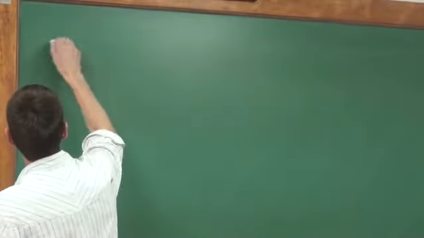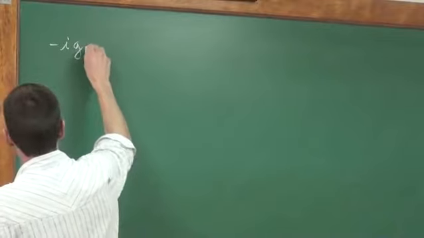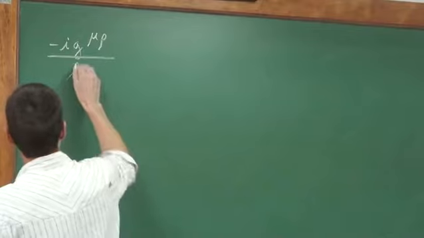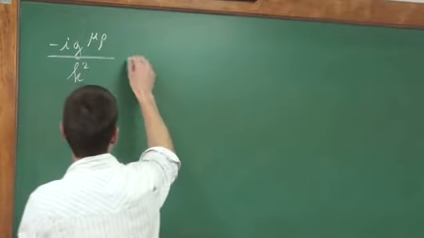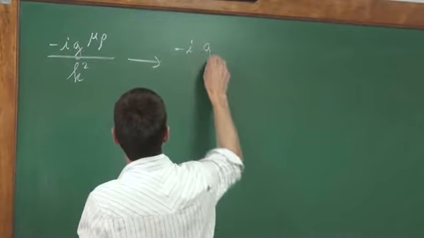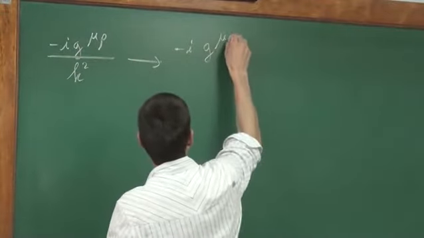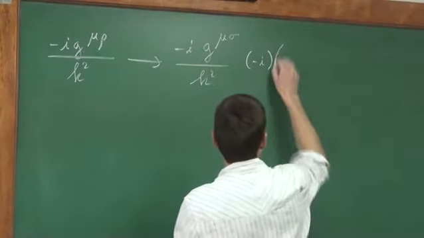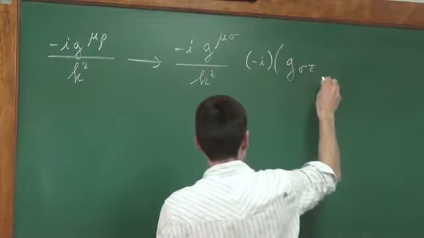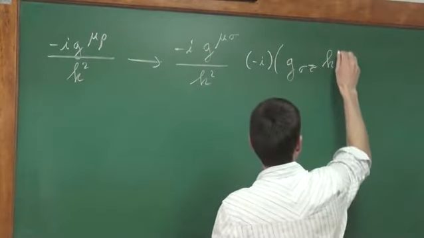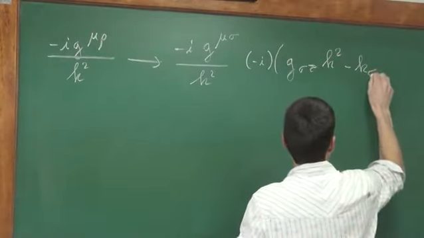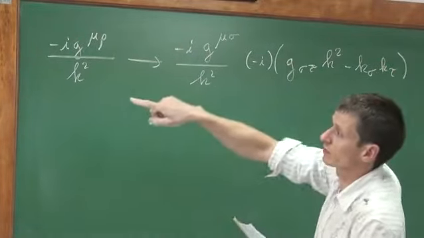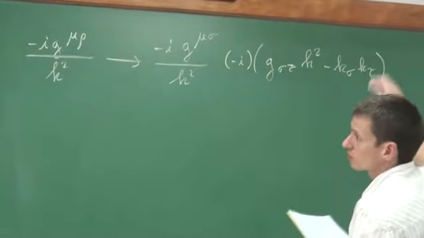We replace in the one-loop calculation the photon propagator by this expression. Okay, this is what we have there. I changed the sign. Okay.